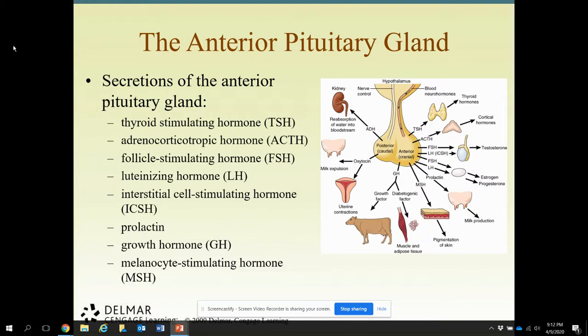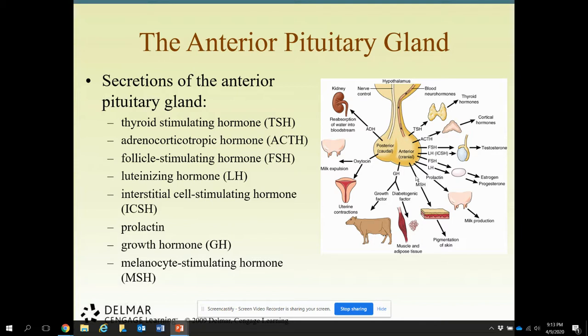The anterior pituitary gland secretions of the anterior pituitary gland: the thyroid stimulating hormone, TSH, the adrenocorticotropic hormone, ACTH. And you can see over here on the graph where they're showing you what organs each hormone works with. The follicular stimulating hormone, or FSH, works with the ovary.